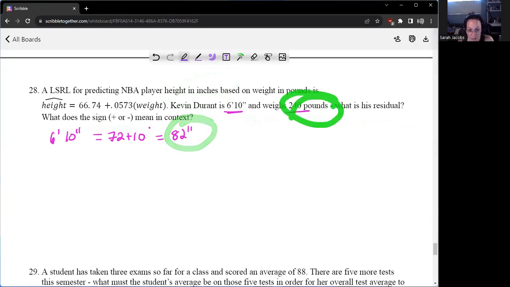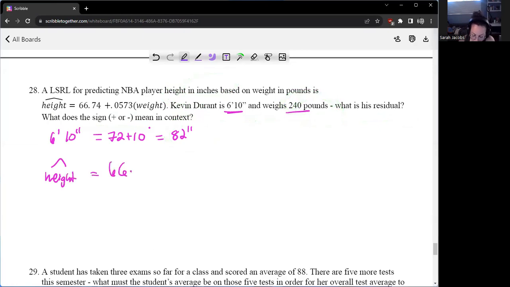Based on his weight, we would find the predicted height to be 66.74 plus 0.0573 times 240. And so Kevin Durant's predicted height is 80.492.